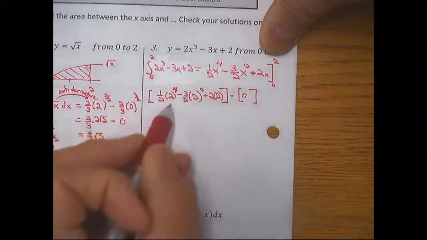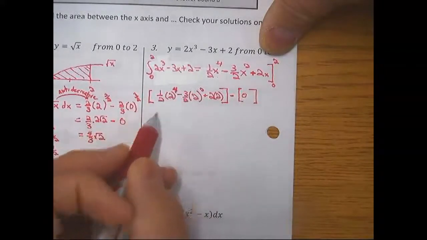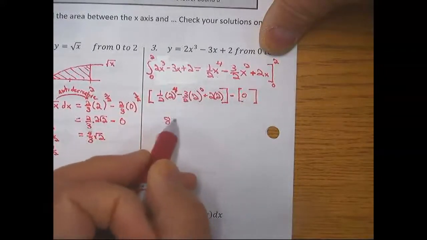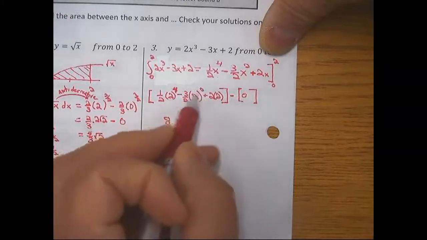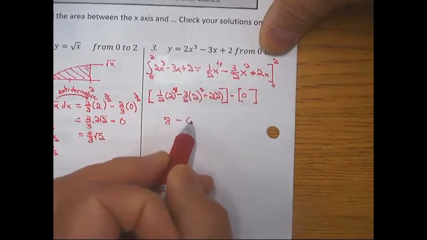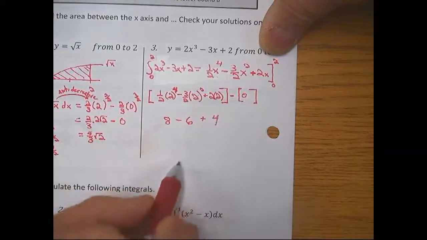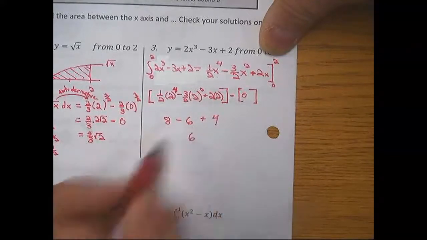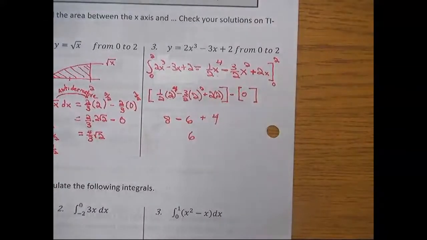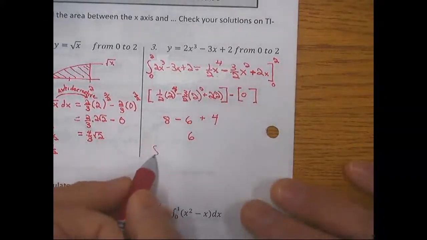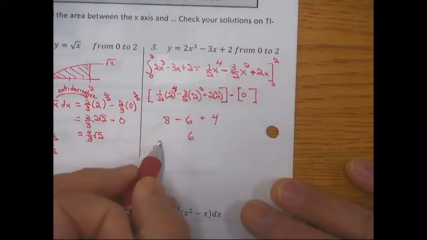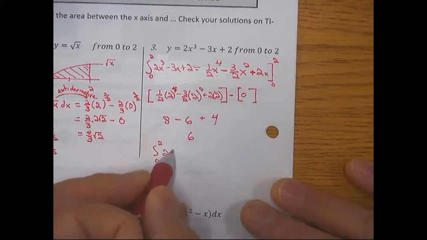So that's 16 divided by 2, 8. This is 4 times 3 divided by 2, 6, plus 4. So our answer is 6. So the area under that curve would be 6.